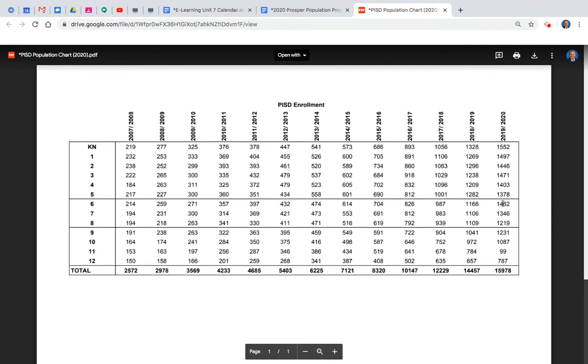We have 1,462 6th graders, 1,346 7th graders, and 1,219 8th graders. So we've definitely grown all in all, K through 12, from 2,572 all the way to 15,978. We are definitely growing. Okay, so those are the numbers that you're going to use to predict your model.